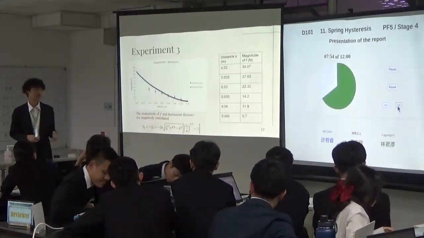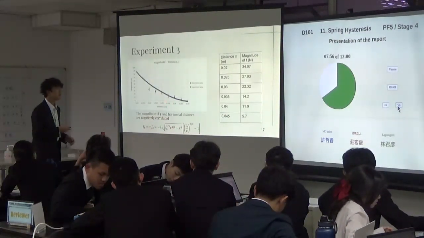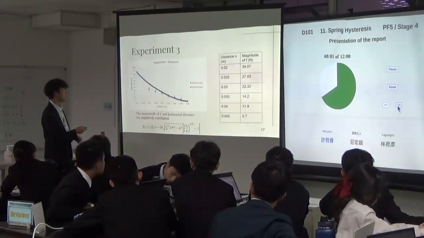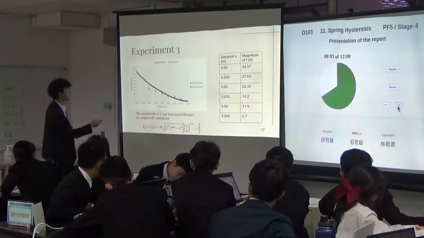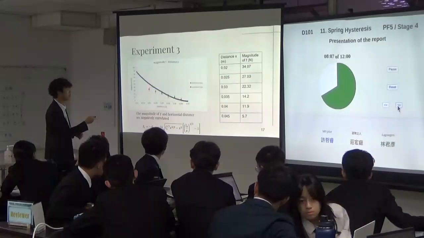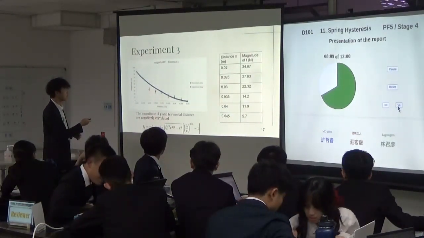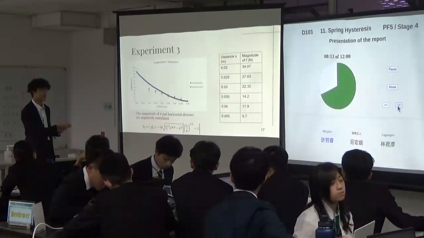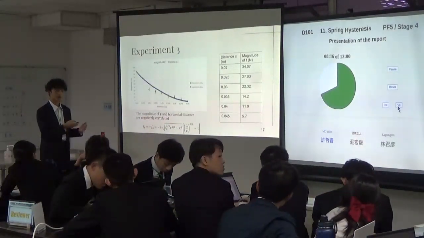And here's our results. We can see that 0.035, 0.04, 0.045, and also 0.03 fit the theory line. We see that there's an obvious deviation in 0.02 and 0.025. And the trend of our experimental data and the theoretical line are the same.